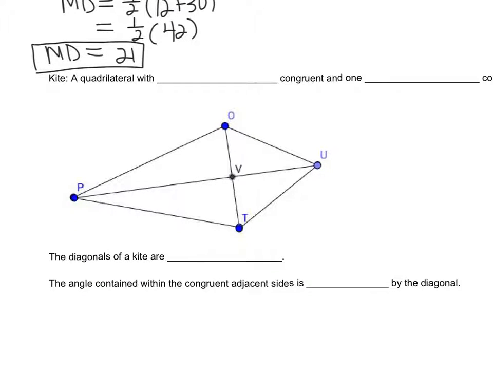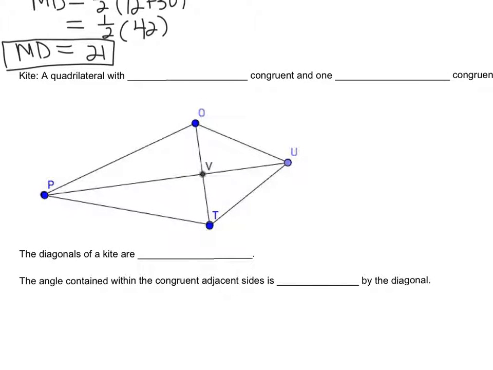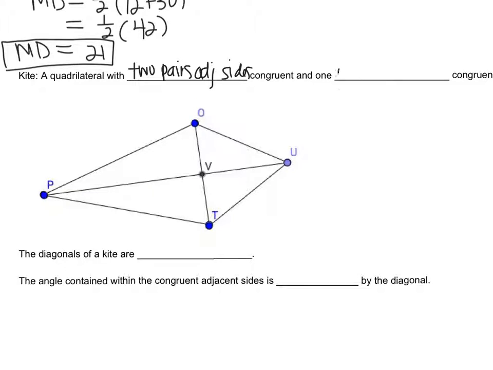Now the last shape we have to talk about is a kite. And a kite is a quadrilateral with two pairs of adjacent sides congruent and one pair of opposite angles congruent.